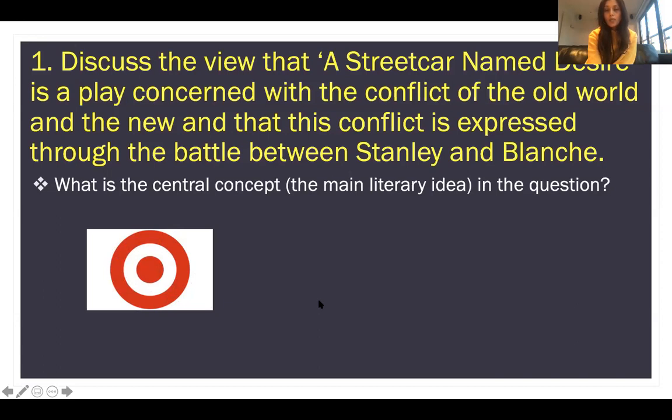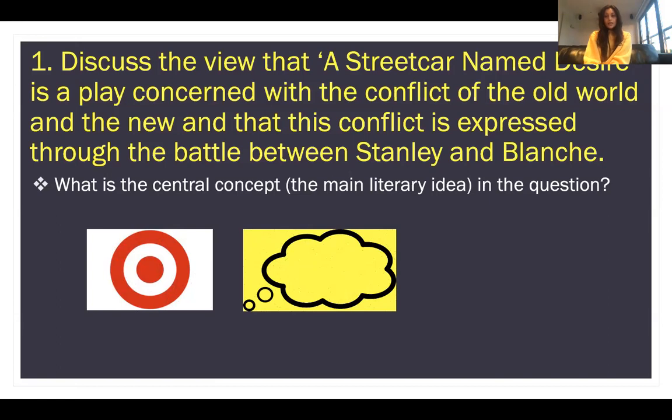Once you've worked out what the keyword, keywords or phrases are, the next thing you're going to have to do, especially as we're taking these small baby steps to understand what it takes to write a really good academic essay, once you know what those keywords are, you're going to have to stop and think.